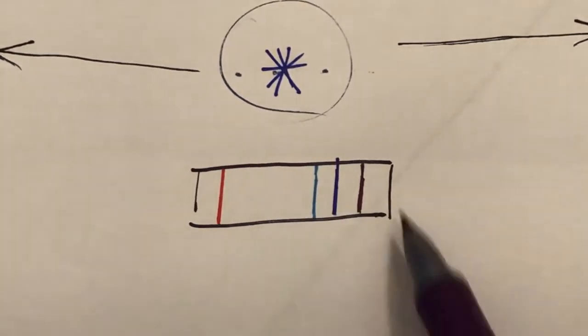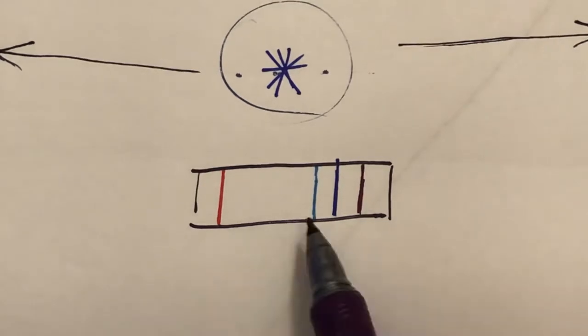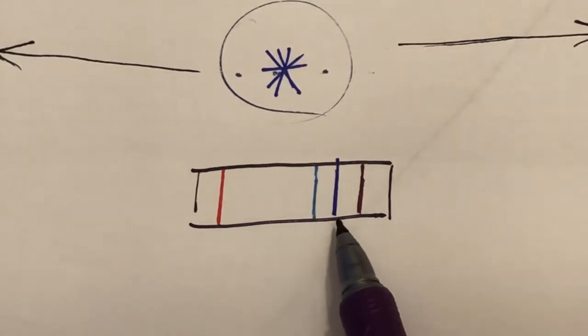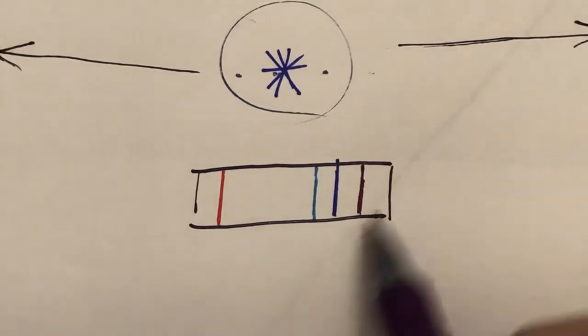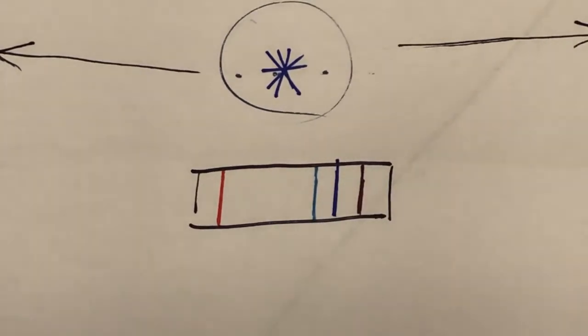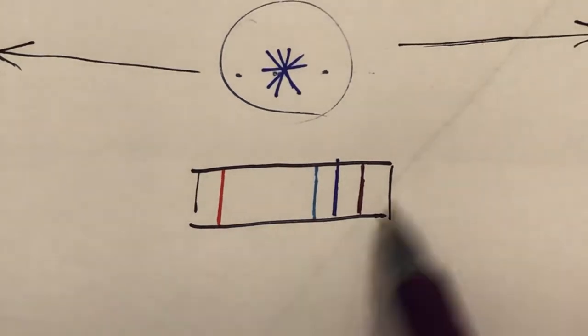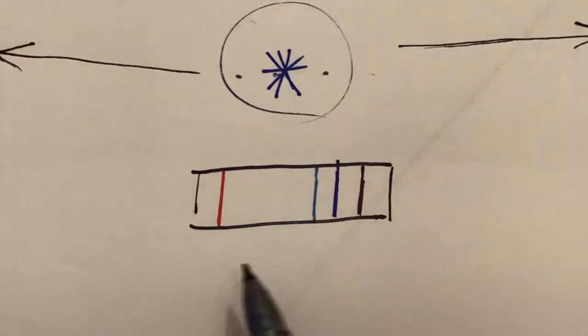And this star is made mostly of hydrogen. So these lines, red, teal, blue and purple, that's the spectrum for hydrogen. That's how we know that the star is made mostly of hydrogen. Now, since the star is sitting still, those are the wavelengths of energy it gives off.